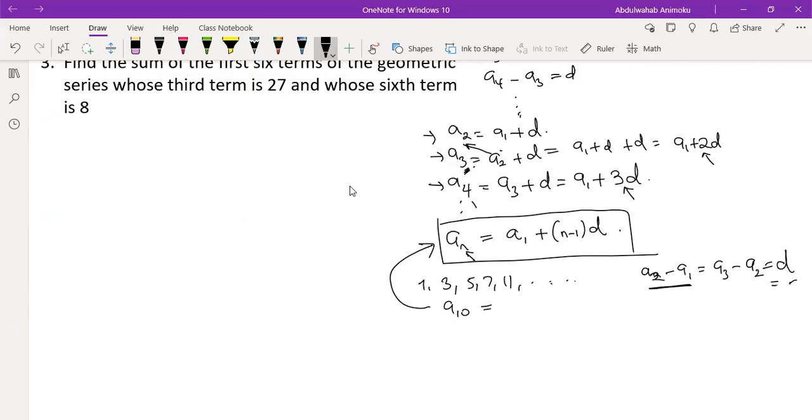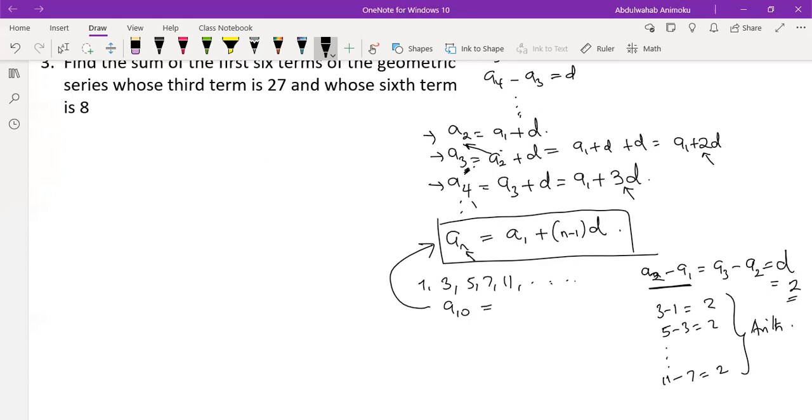In this case, the constant is 2. If you observe 3 minus 1, you have 2. 5 minus 3, you have 2. So once you observe this, and it's true for all the terms that you are given in this sequence, then you know that the sequence is arithmetic. Okay, it's an arithmetic sequence.